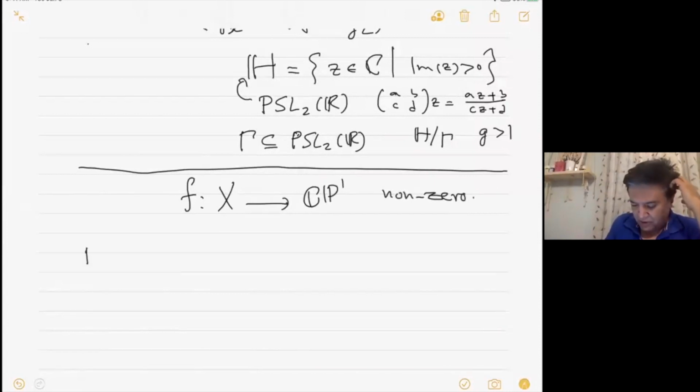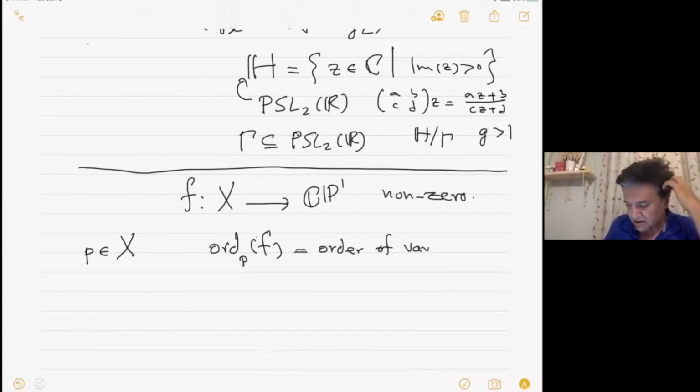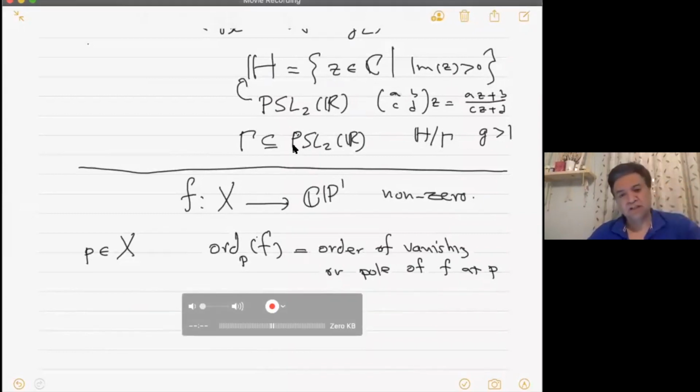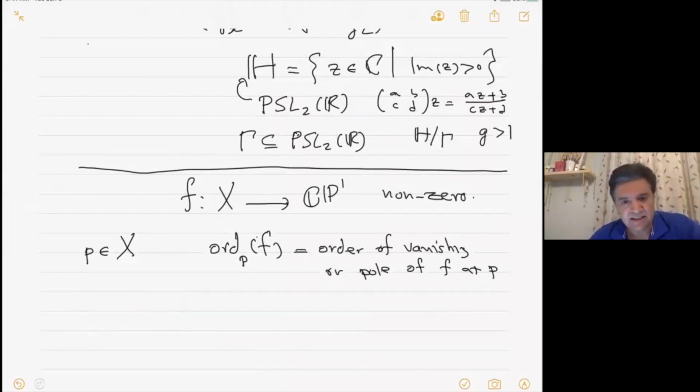Now, for any point P on X, you can define the order of f at P, which is the order of vanishing or pole of f at P. This order is counted as a positive integer when the function f vanishes at P, and as a negative integer if the function f has a pole at P.